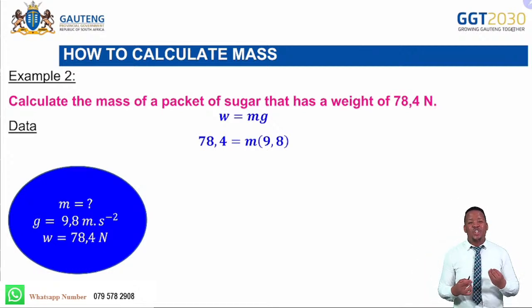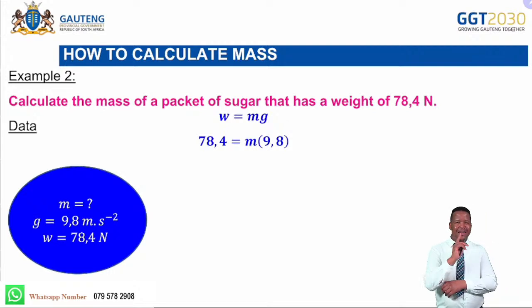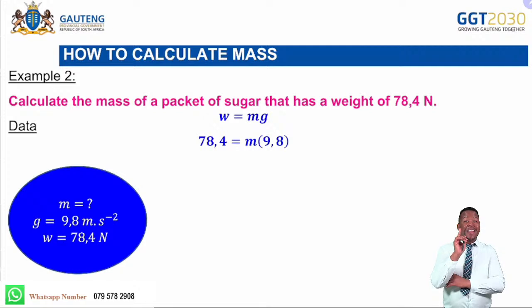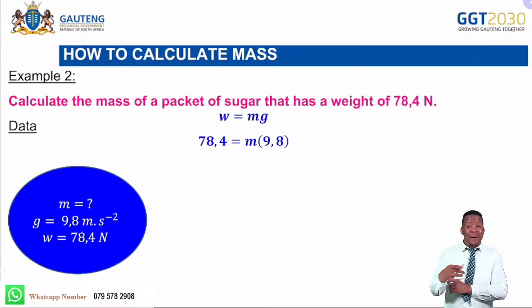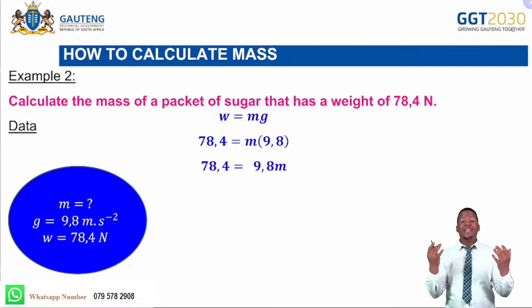So 78.4 is equal to 9.8 multiplied by M. What do we get? I can see some of you are lost now. We get 78.4 is equal to 9.8 M.